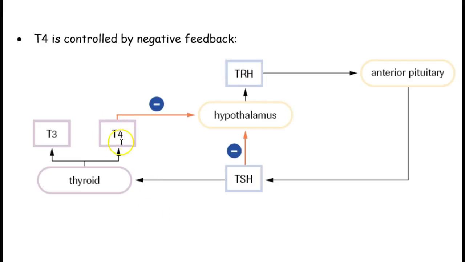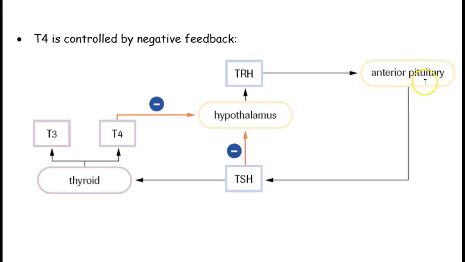So let's say, for instance, our T4, our thyroxine levels are low. Well, that's a signal that goes to our hypothalamus, and the hypothalamus registers that. As a result of that sensing, it releases a hormone called thyroid releasing hormone, and that sends a signal to our pituitary gland.